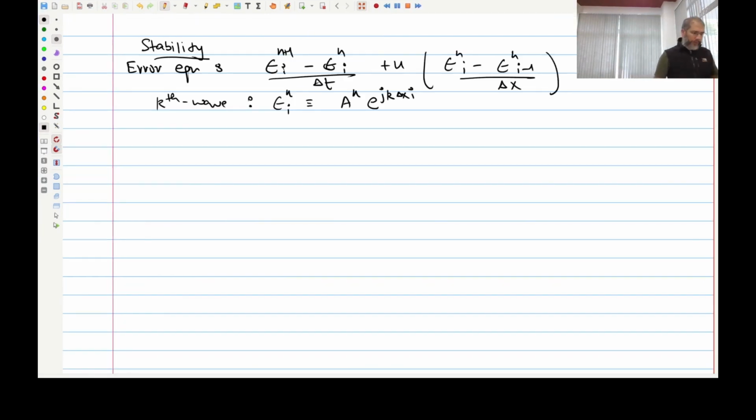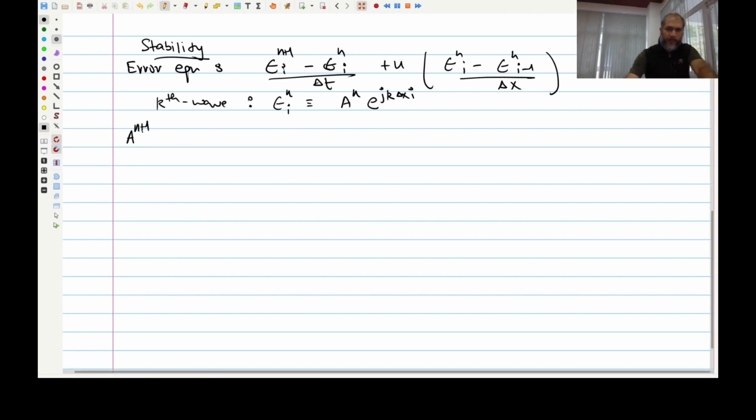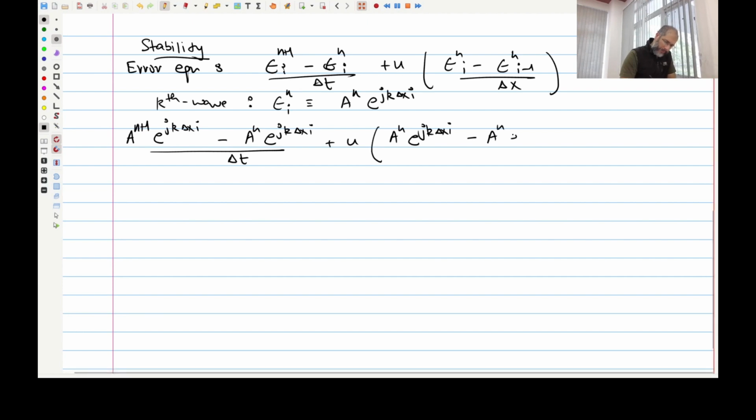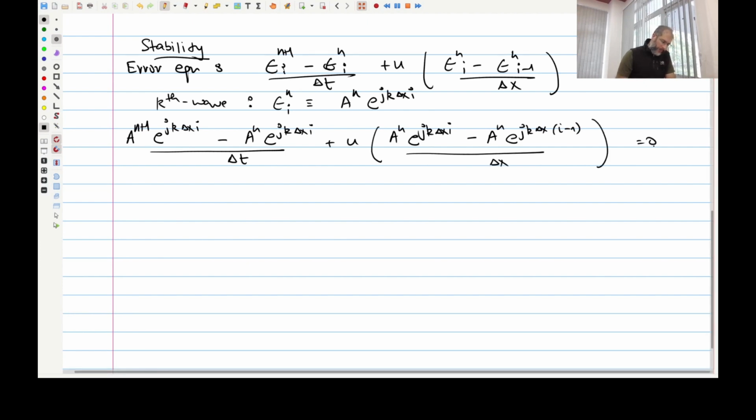So let's do the stability analysis. I'll multiply the whole equation by delta t.